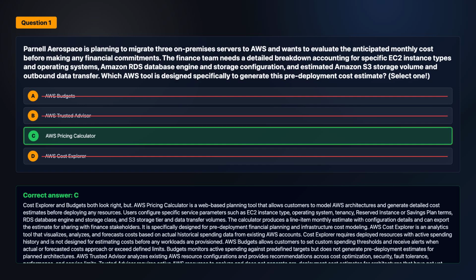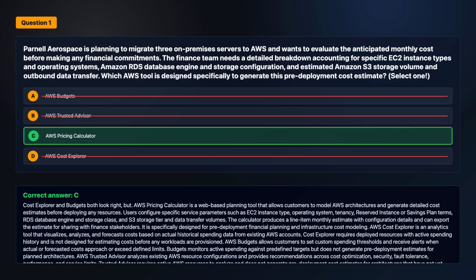AWS Cost Explorer is an analytics tool that visualizes, analyzes, and forecasts costs based on actual historical spending data from existing AWS accounts. Cost Explorer requires deployed resources with active spending history and is not designed for estimating costs before any workloads are provisioned. AWS Budgets allows customers to set custom spending thresholds and receive alerts when actual or forecasted costs approach or exceed defined limits.